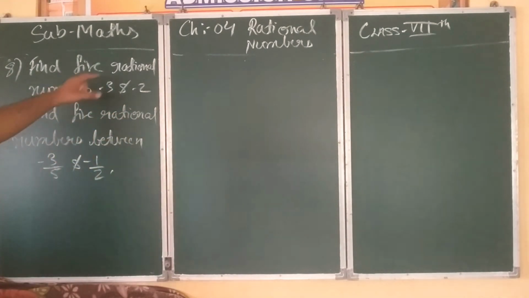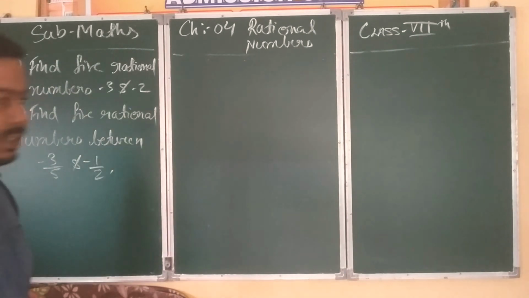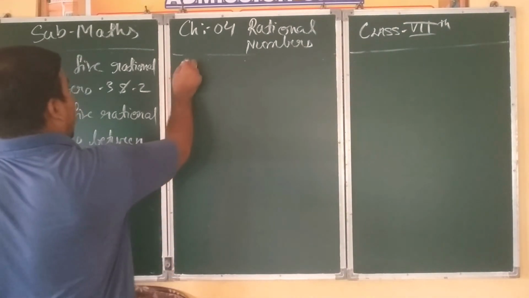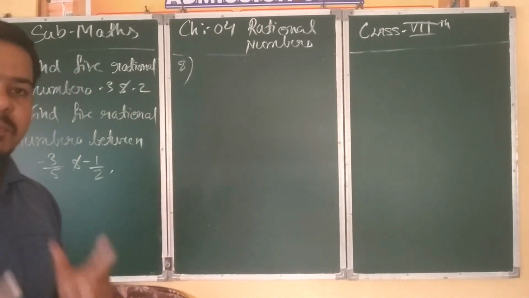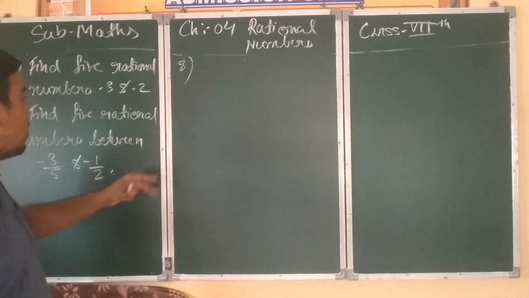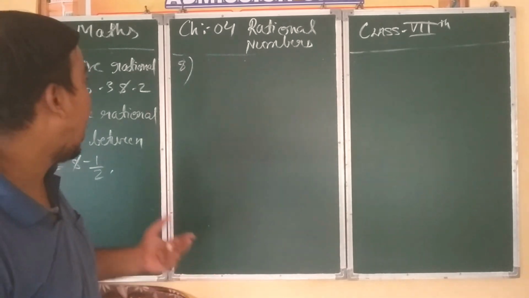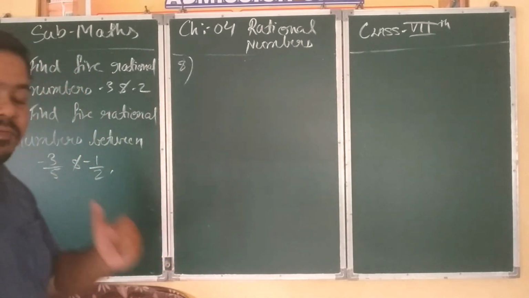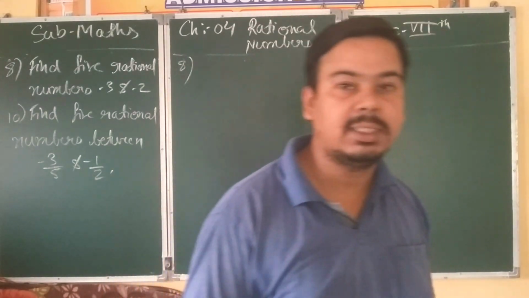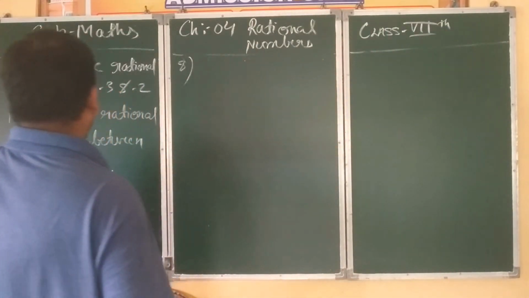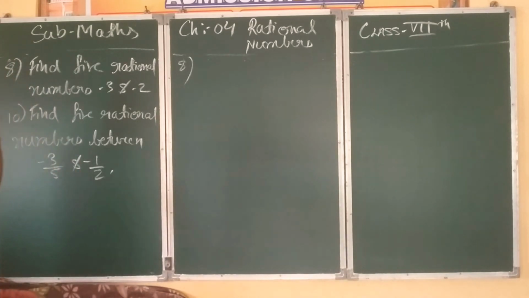But when we find rational numbers, it is easy. So first of all, how do you solve? Just follow only one method. You can find as many numbers as the question asks, 500, 1000, 2000.